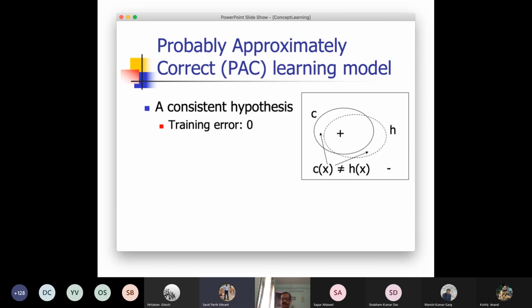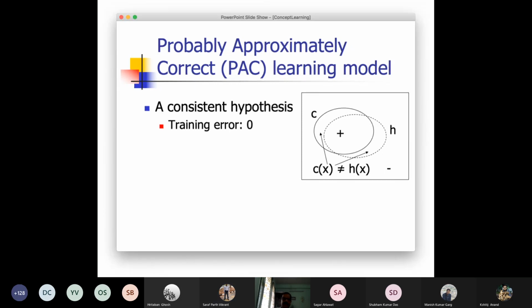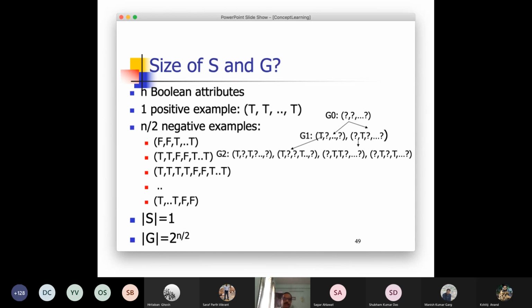Sir? Is there any question? Are we assuming that we are having two false attributes in a negative example? Yes, that is the structure. I mentioned that only those two are false, then it would be negative.